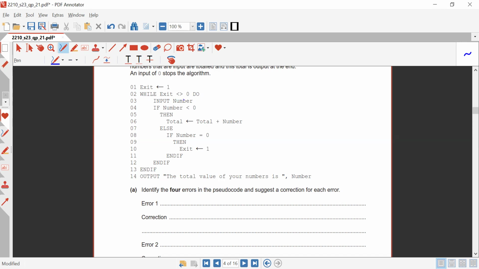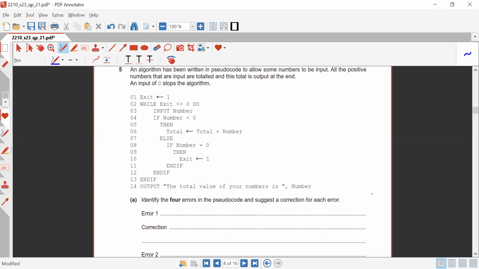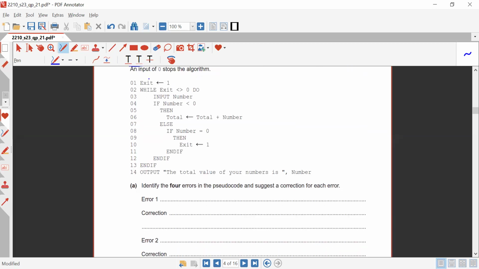Input the number. Now they are saying for line number 4, if number is less than 0. If it is less than 0, then what is done? Obviously, it won't be applicable, because only numbers greater than 0 will be entertained. The reason is we need to have the positive numbers over here, because you can see all positive numbers that are input are totaled. Okay.